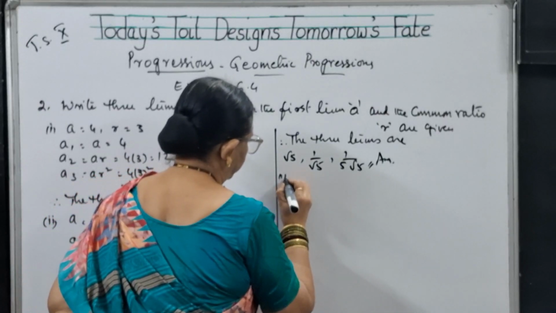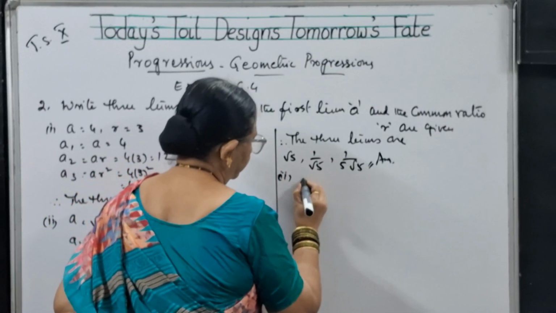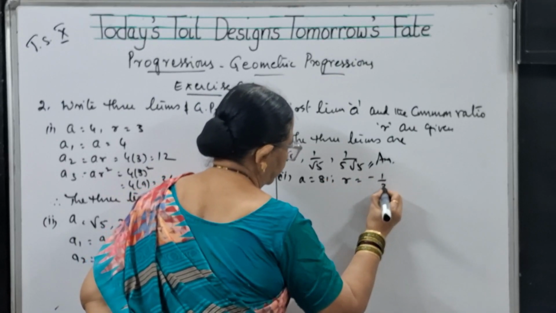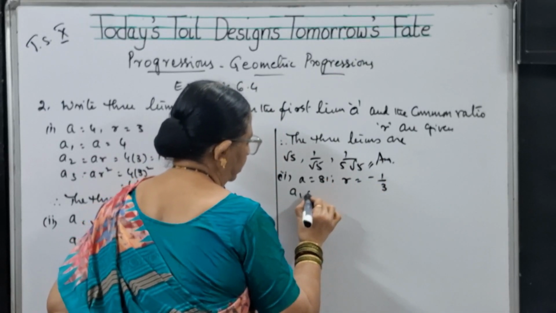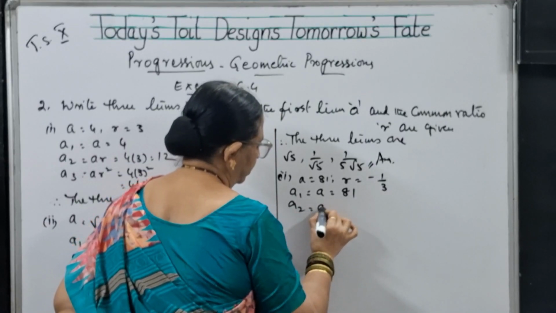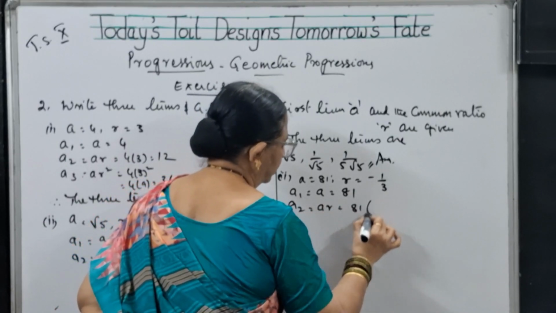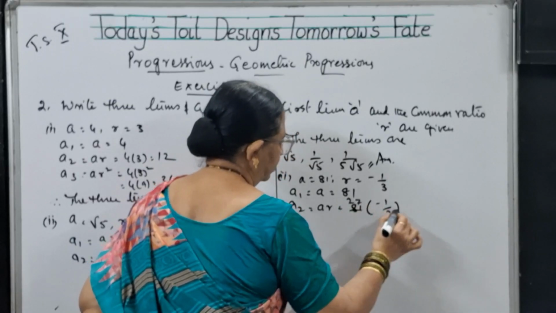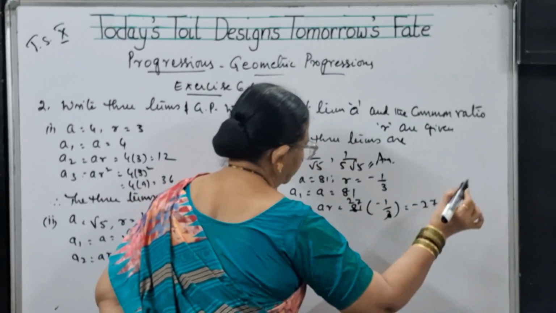And third bit is A is 81 and R is minus 1 by 3. So A1 is A, that is 81. A2 is A into R, that is 81 into minus 1 by 3. 3 27s are 81, that means minus 27.